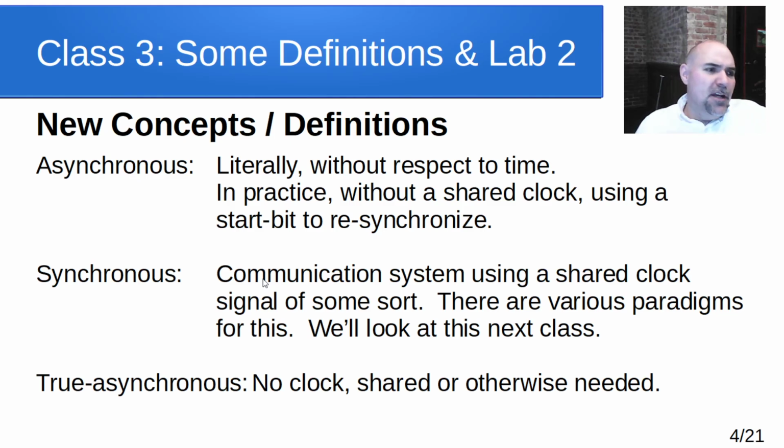And then there's also a kind of asynchronous called true asynchronous, which not only doesn't have a clock, but it has no shared clock, no independent clock, no resynchronization needed. And that requires us to encode the data in a way that just doesn't need some sort of clock at all.